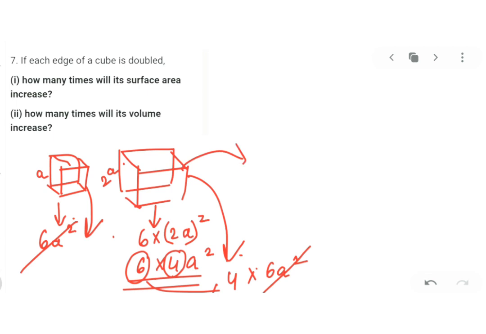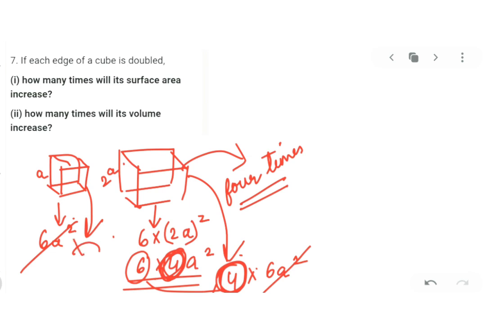That means this bigger cube will have its surface area 4 times greater. How many times will its surface area increase? So you will write 4 times it will increase. Can you see here 4 is multiplied? I got the extra 4 in my answer when I compared my surface area with the previous cube.